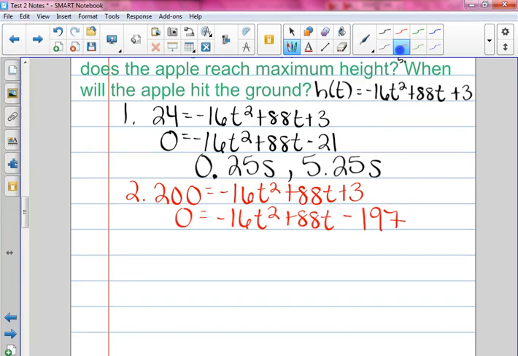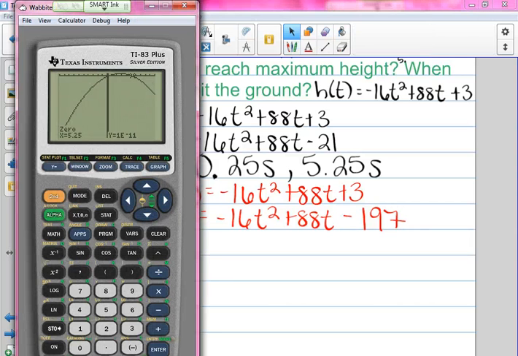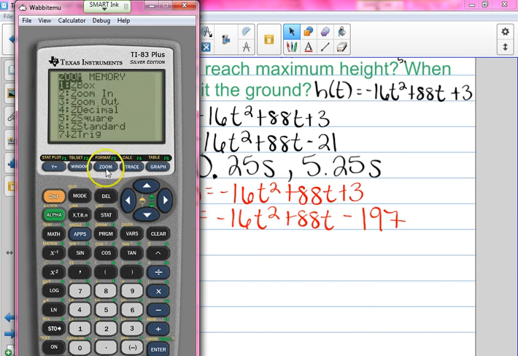All right, so now I need to do my 0 thing again. So I go in my calculator. I just need to change this end because the rest is the same. So it's minus 197. All right, then you press zoom 6, and then you press zoom 0.